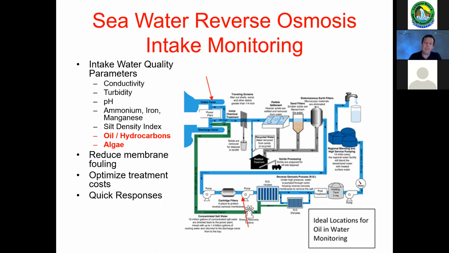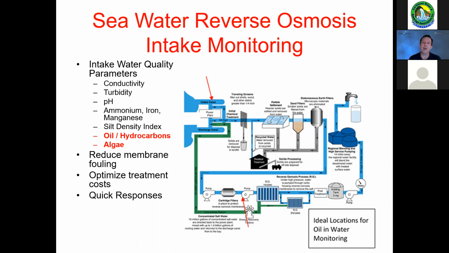The second thing that can happen is that the hydrocarbons, especially very light, smaller hydrocarbons like benzene or gasoline, can actually degrade or damage the membrane permanently. The polyamide layer on top can be dissolved by fuels, and the polysulfone layer, which is the second and thicker layer, can also be dissolved or damaged by hydrocarbons and fuels.